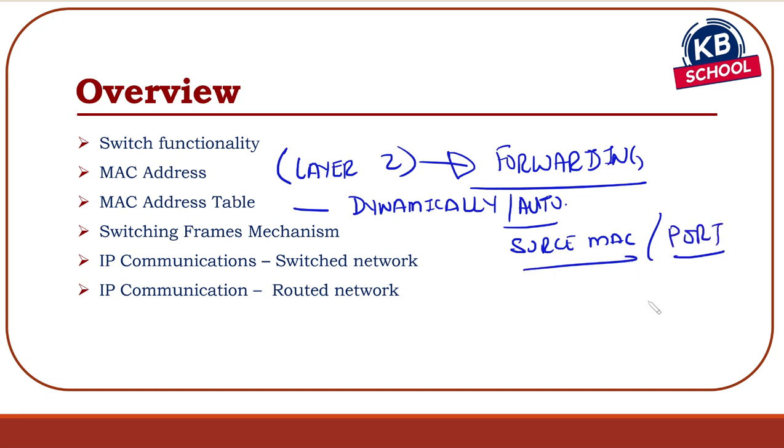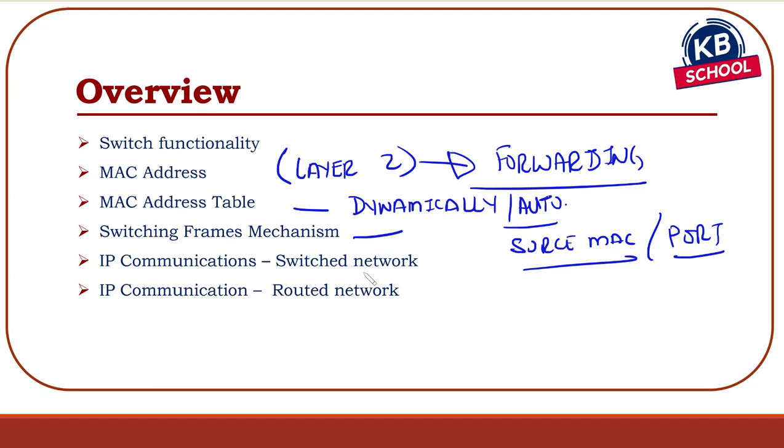On a switch, the packets are forwarded by looking at the MAC address table, the destination address, and the corresponding port. So on a switch, the frames are not forwarded to all the ports, only to specific ports. Although initially when the frames come in, the switch is not aware of all the MAC addresses, so if a destination comes in which I'm not aware of, I'm going to flood it to all the different ports until I learn the MAC address.